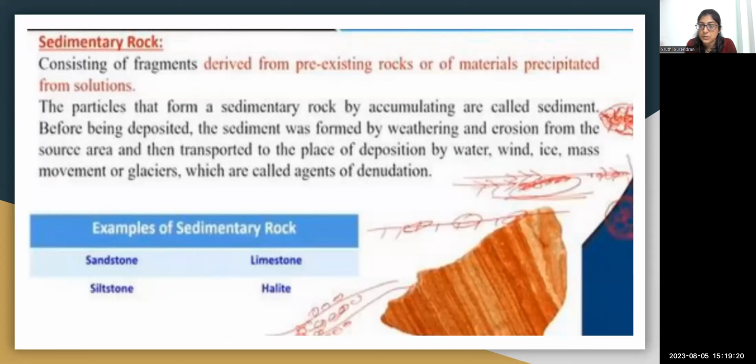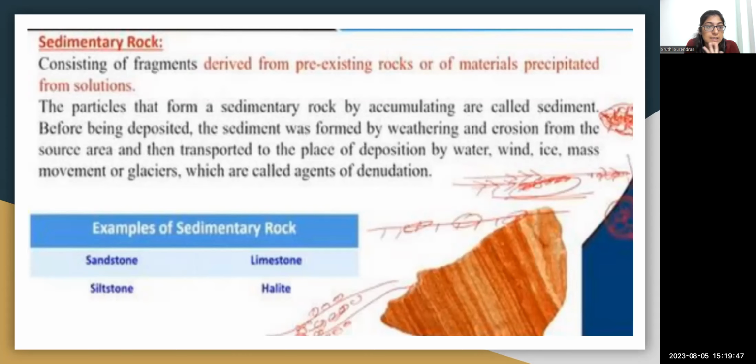They will be transported by various agents and then accumulate in a place to form sedimentary rocks. The examples of sedimentary rocks provided here are sandstone, limestone, siltstone, and halite. Again, if you can remember the examples, it will be useful for you to do these problems. So these are probable questions that can come during the exam.